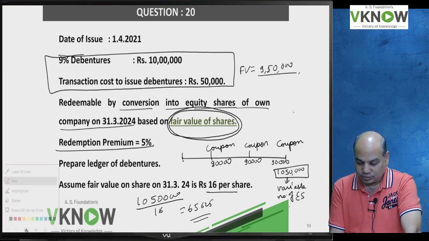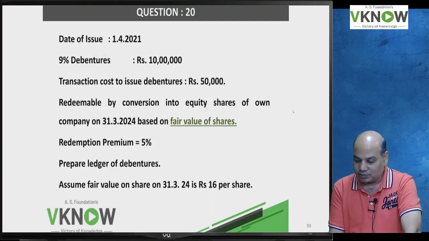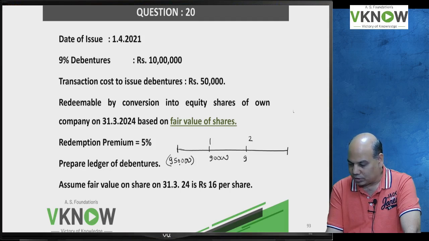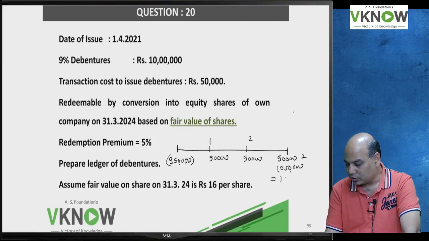I cannot assume IRR is 9% because my cash flows are like this. In year 0 we get 9,50,000. In year 1 we have to pay 90,000, 90,000, and in the last year I have to pay 90,000 plus 10,50,000, which is how much? 11,40,000.